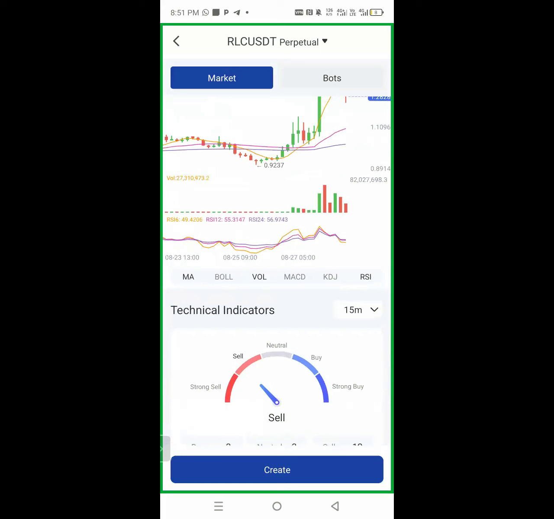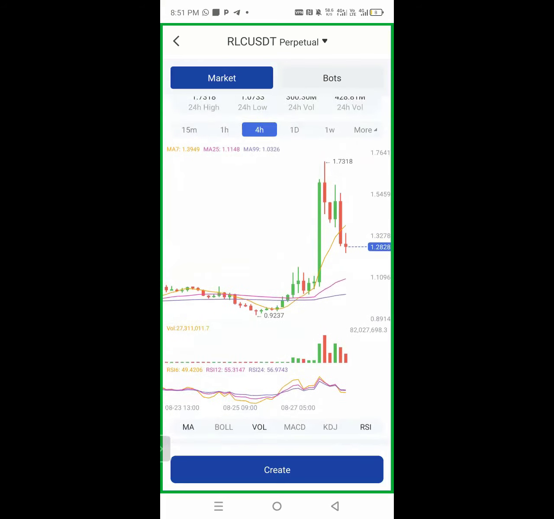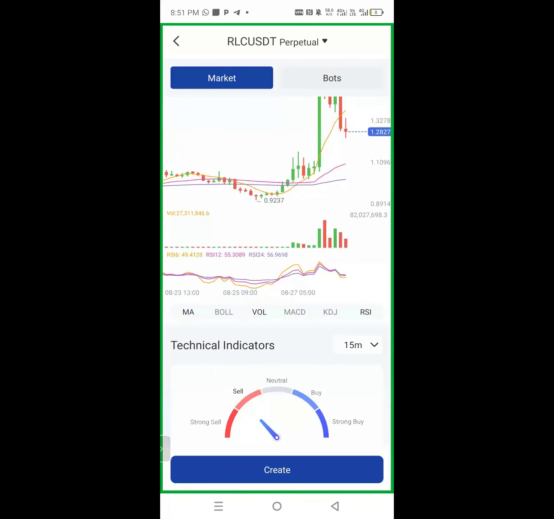They only captured 6, 12, and 24, maybe because they are checking it under fast, maybe using a 15 minute time frame. That is why they are using the fast ones, RSI 6 and RSI 12. If you want sharp trades, you will work with RSI 6, because it moves faster than the rest.